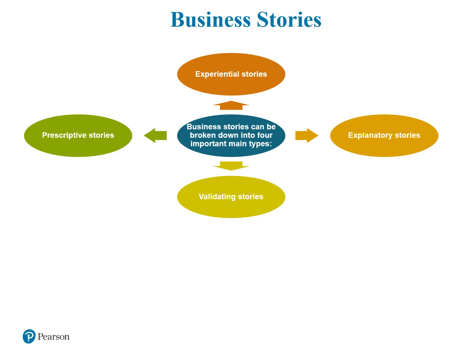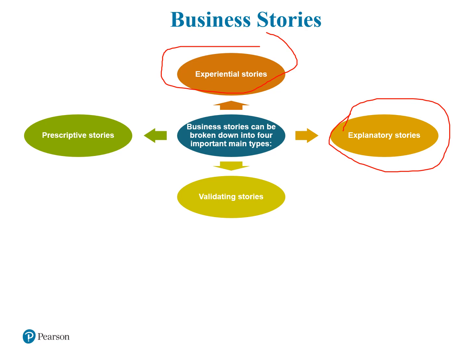There are four types of business stories. The first one is the experiential story type, which describes what the business or the industry is like, so describing the business of the company and so on. The second one is the explanatory story, which explains why the organization or company acts in a certain way.